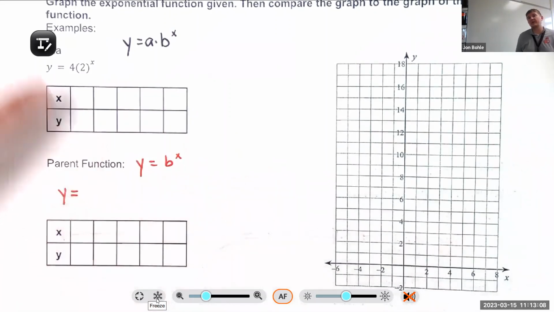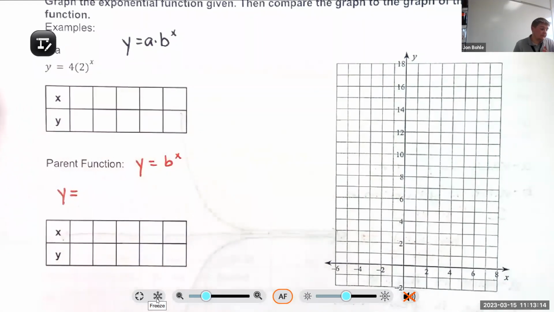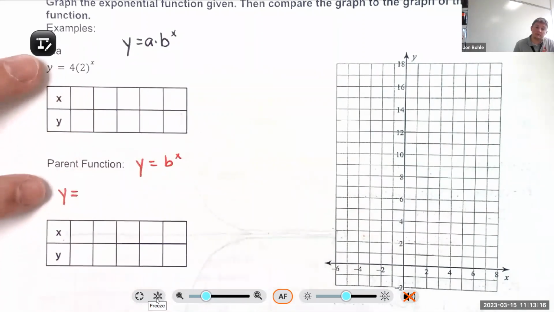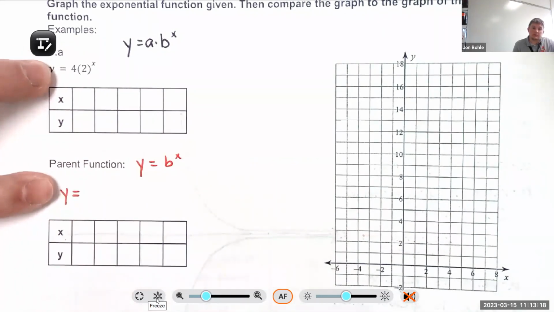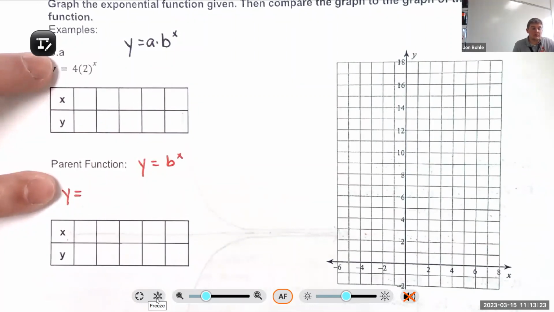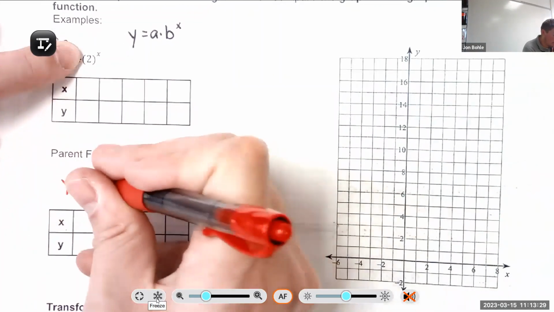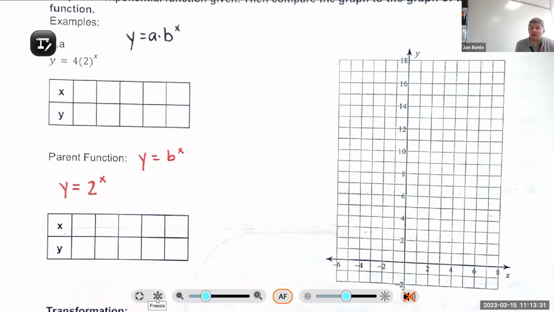Notice that the only difference is it just gets rid of the a value. So look at this one here. What's its a value? What's its b value? What's the only thing that goes away? The a value. So just the 4 goes away. So the parent function is just 2 to the x power, okay?